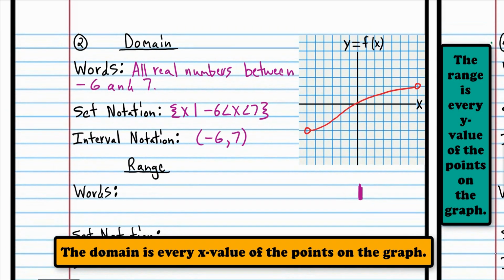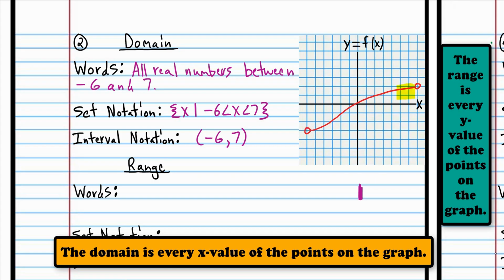Okay, now we're going to find the range. The range is the y values of all these points. And if you look at the graph, we can see that the y values of all those points on that red curve are between -3 and 2. You see that? All the y values are between -3 and 2.